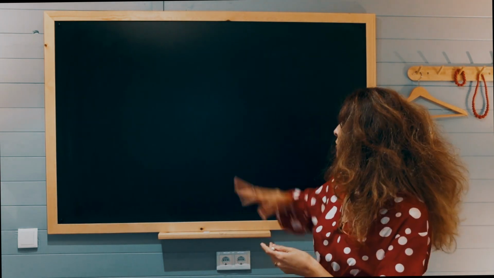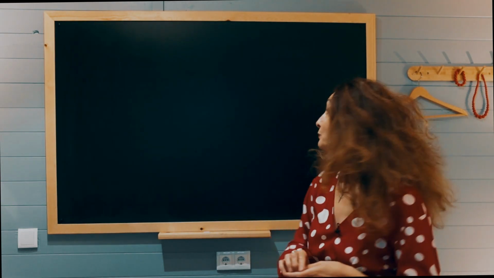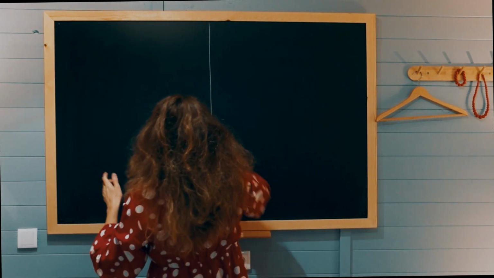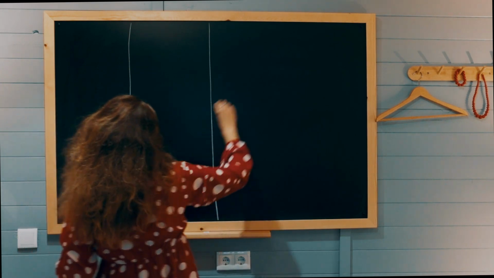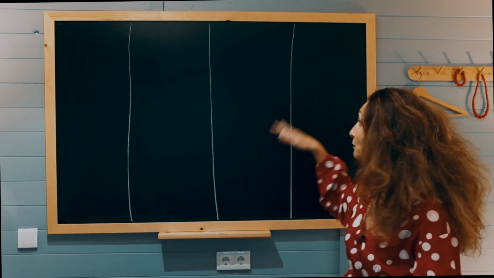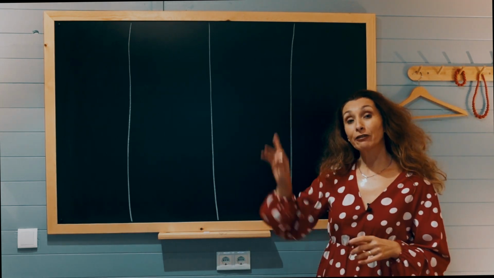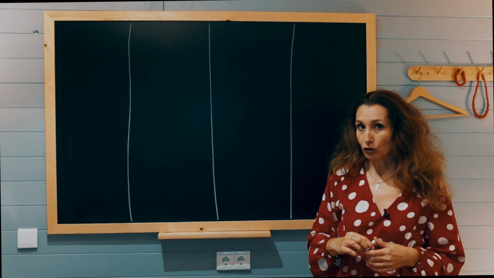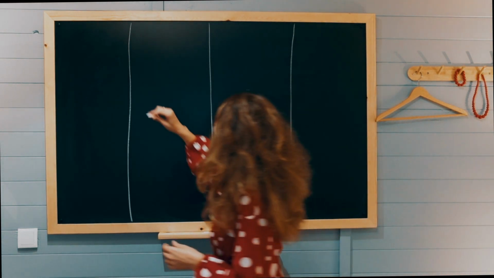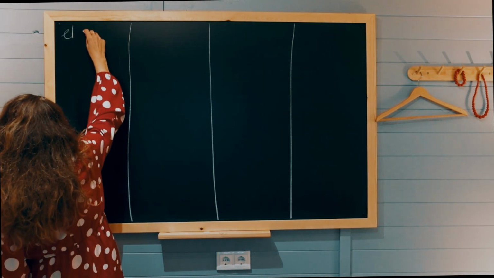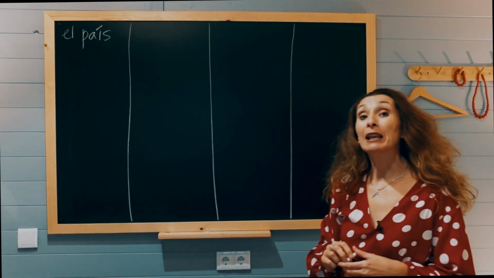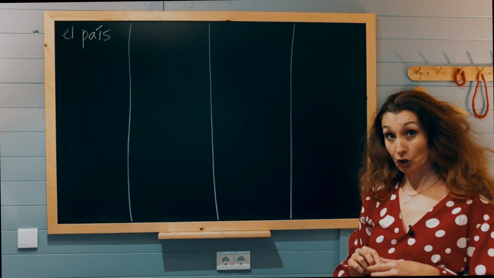Okay, so I'm going to divide the blackboard in four columns, and the first one is going to be the country, or in Spanish, el país. El país is the country.